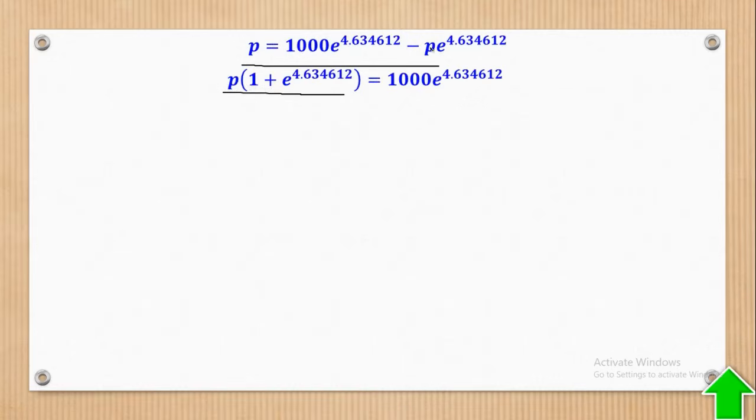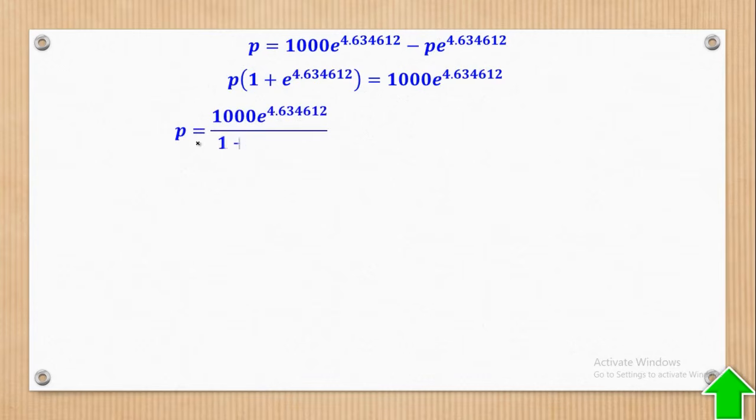Factorize out p. So this one will go this side to come up with this. Then make p the subject, and p the subject will be equal to this, which approximates to 990 students. You can round off or truncate. It all gives you the same value.